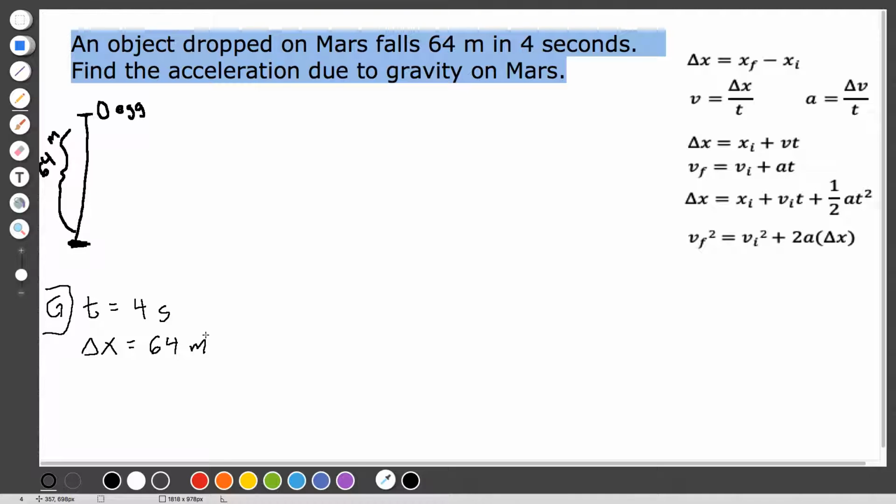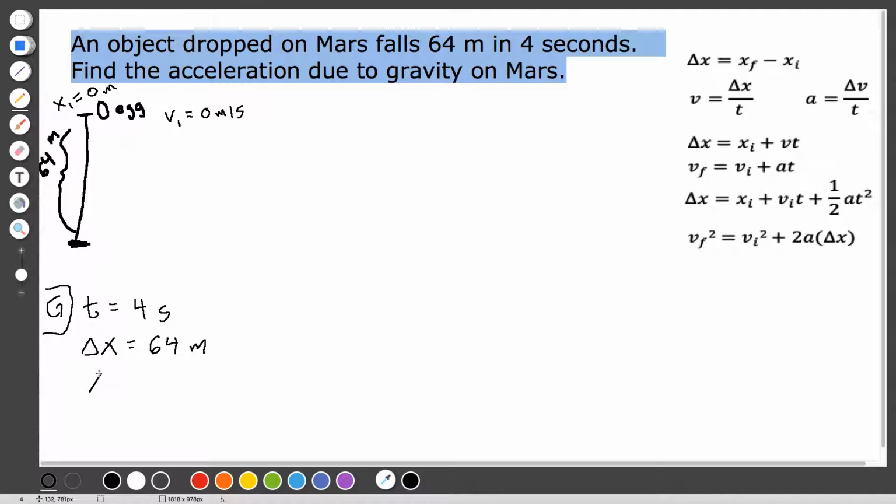And let's start with our assumptions. First assumption is we're going to set x initial equal to 0. And the second assumption is that our initial velocity equals 0 meters per second. And that's because we assume that the egg started from rest. In other words, we were holding it and we let it go, but at the instant we let it go, the initial velocity is still 0.